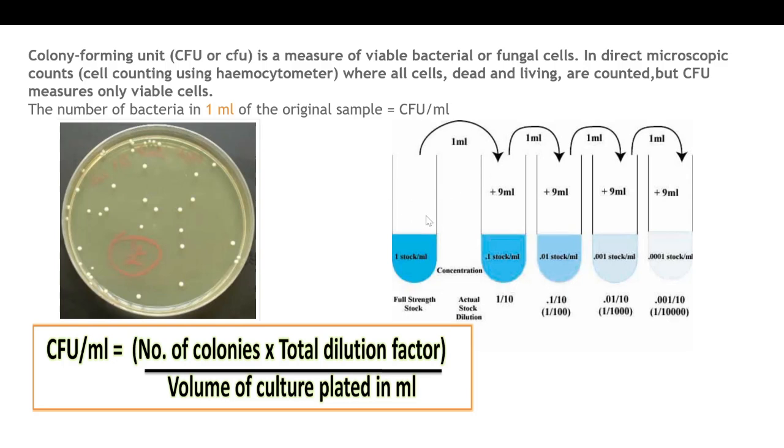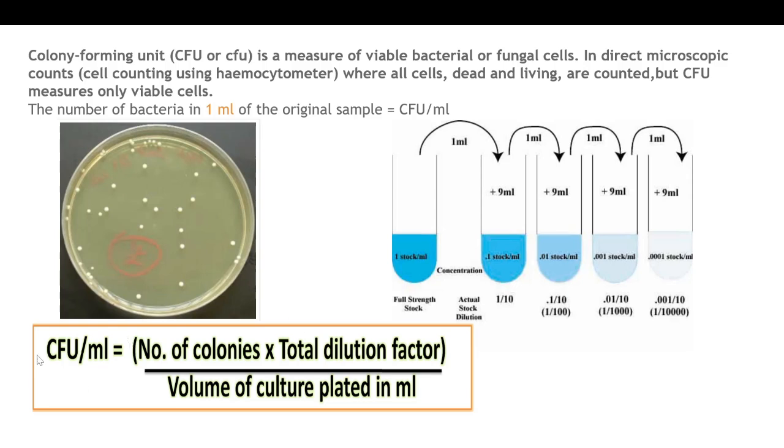For example, here you are adding 1 ml to 9 ml culture. Again you mix this, shake it properly, and take 1 ml from here and add into another 9 ml of water or buffer or LB media. In this way, how many times you are diluting your sample will give you the idea of the dilution factor.